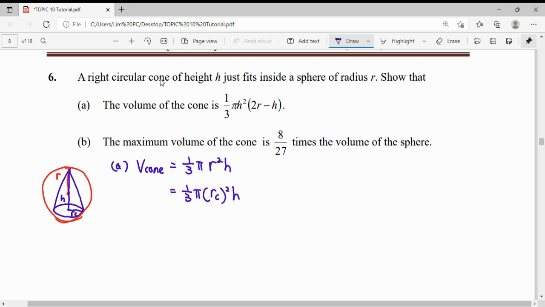The variable h is still maintained because h is the height of our cone. So we have to express our radius of the cone in terms of the radius of the sphere.